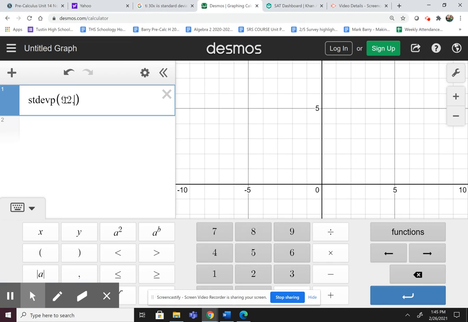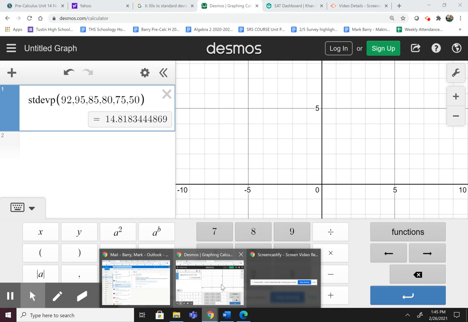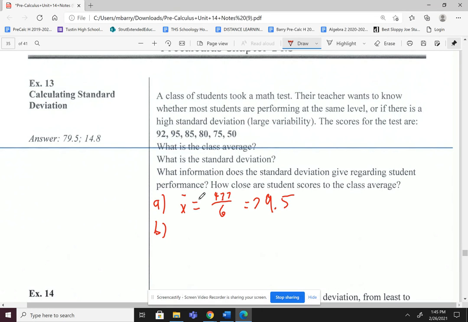So I have 92, 95, 85, 80, 75, 50. And I get 14.81, let's call it. Okay. So the standard deviation is 14.81.